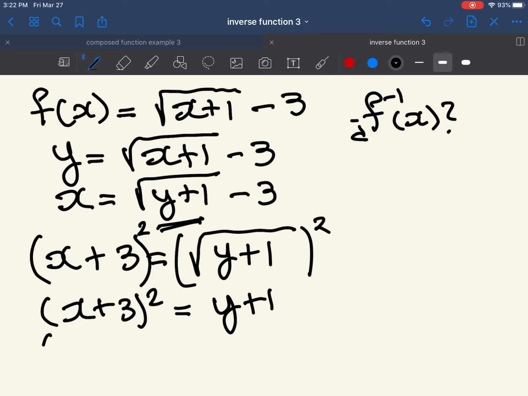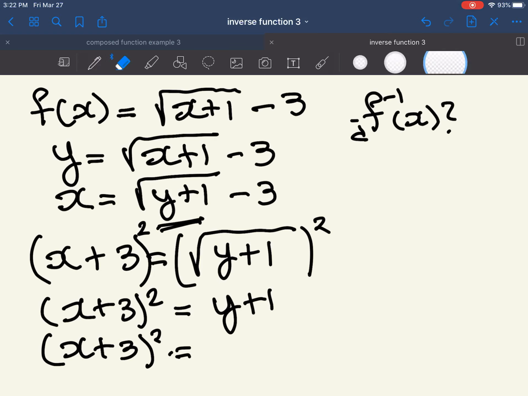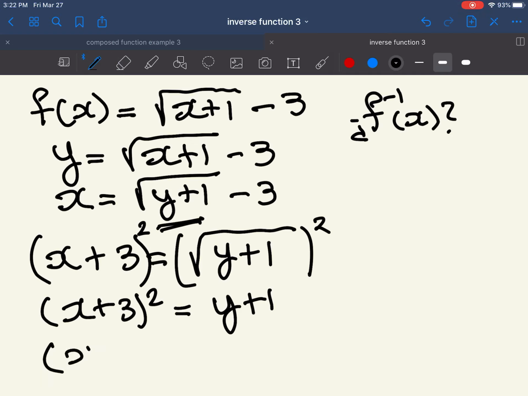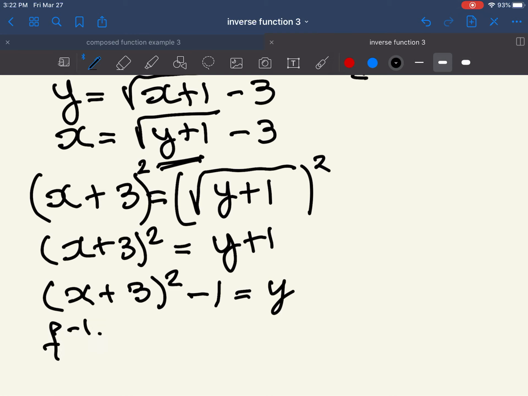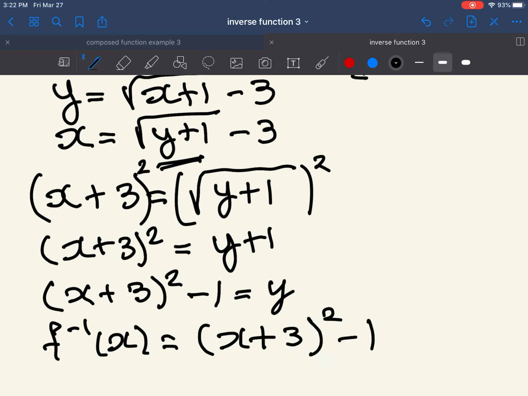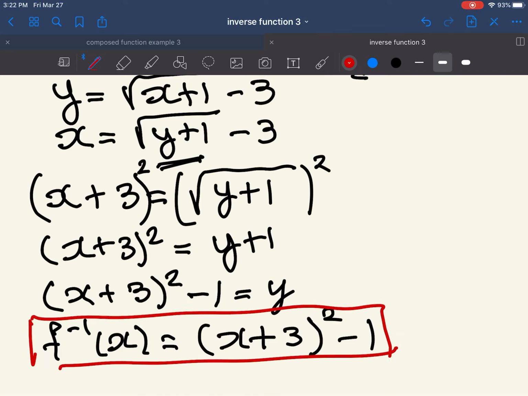Subtract 1: (x plus 3) squared minus 1 equals y. Okay, finally my inverse function is (x plus 3) squared minus 1, and this is my final answer.